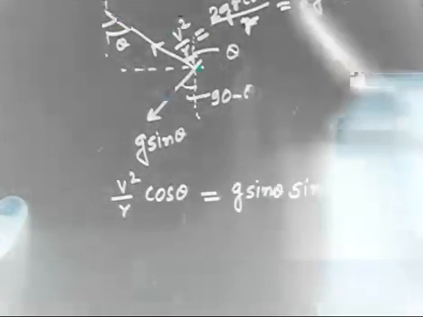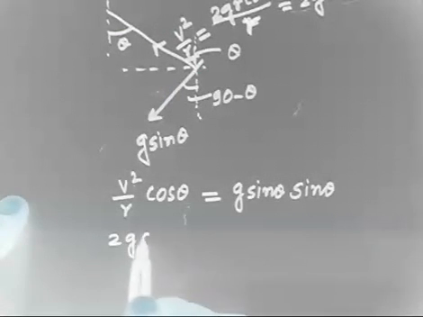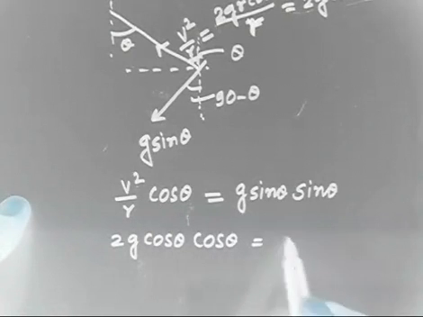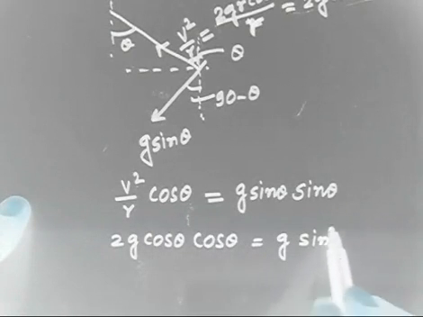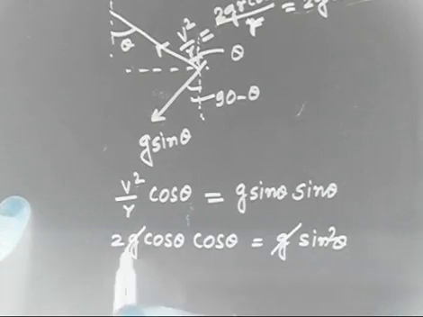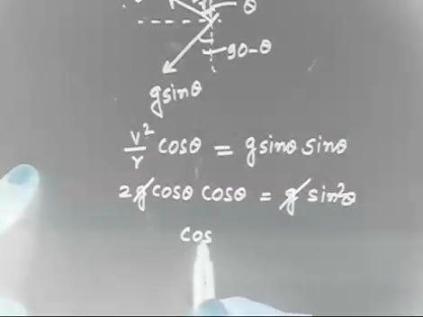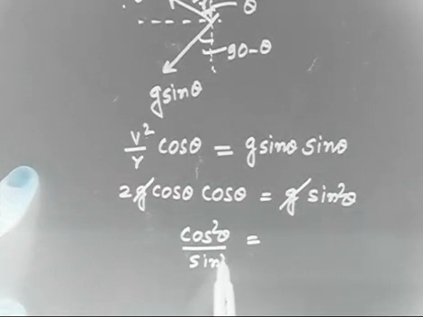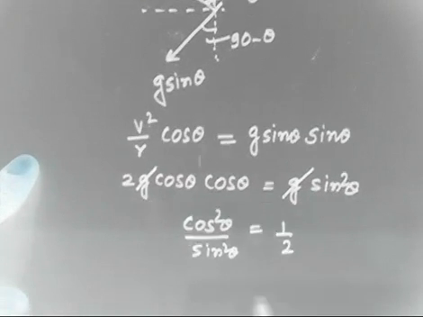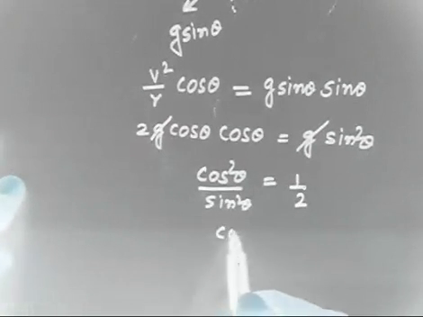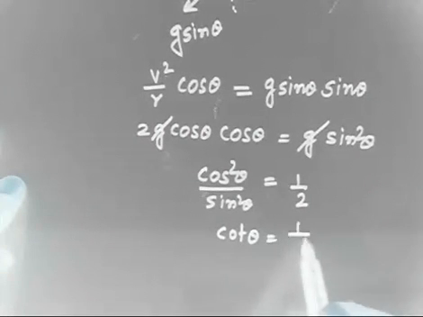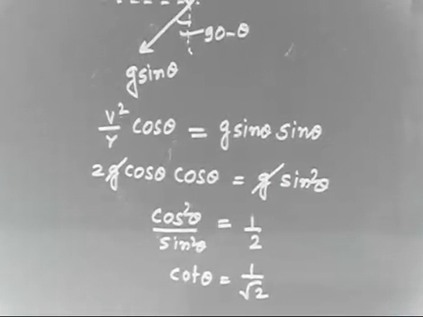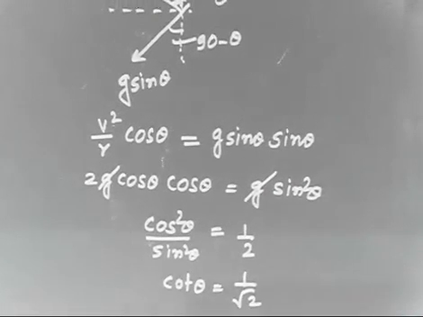So 2g cos theta into cos theta is equal to g sin square theta. Once again g cancels out. So we will have cos square theta by sin square theta equal to 1 by 2. So once again you have cot theta is 1 by root 2. Let us copy this one fast and then we will discuss this question.